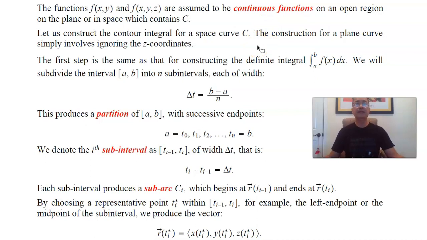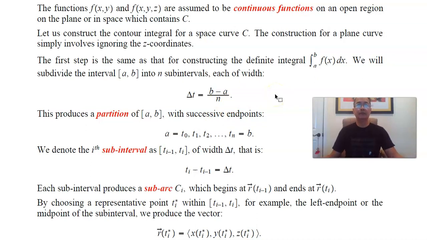Well, the first step is just like how we create the definite integral from a to b of a function in one variable. Our domain is t from a to b. We will partition, once again, a to b into n subintervals. The width now is called delta t, and of course it is b minus a, the length of the interval, divided by the number of subintervals we want to divide it into.